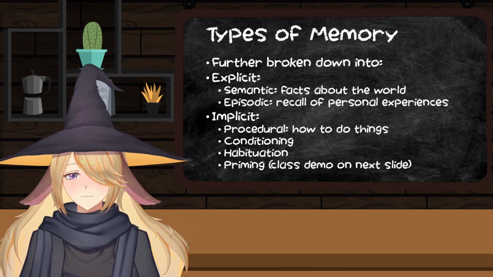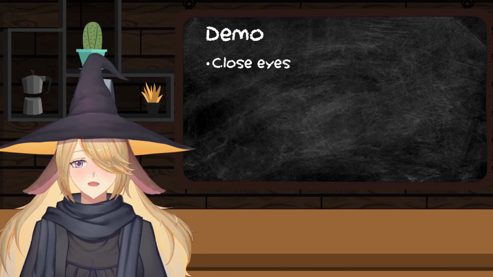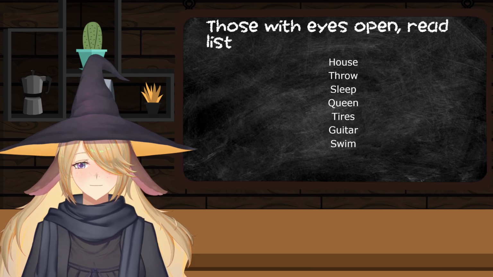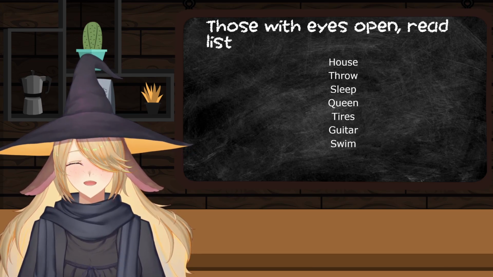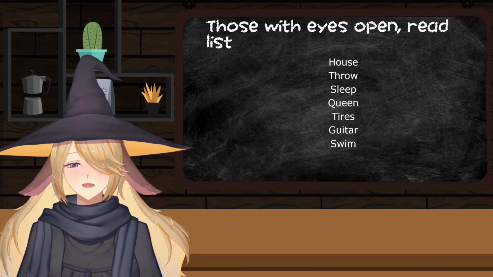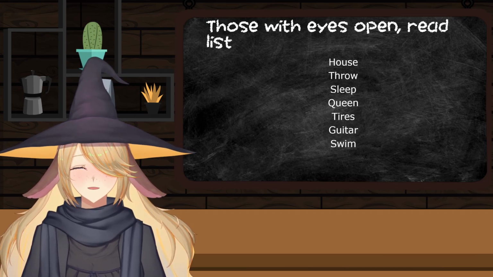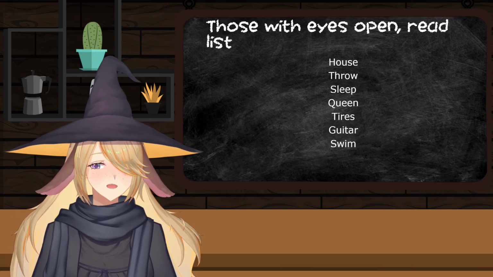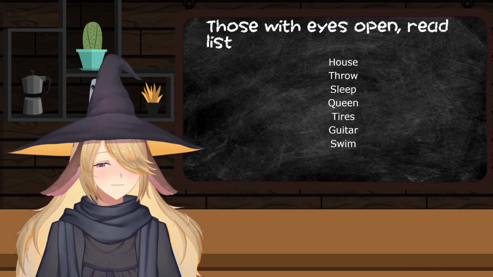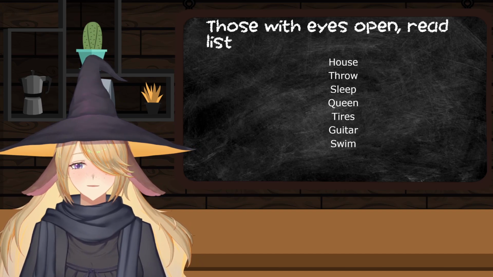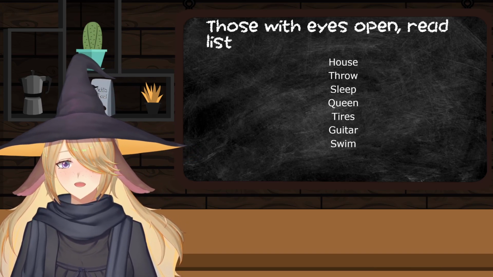All right, let's do a class demo again. I want you to close your eyes. Actually, you don't need to close your eyes. Sorry, I forgot to take the eye closing slide out of here. I want you to read this list of words, or I'm going to read it along to you. I'm going to say: house, throw, sleep, queen, tires, guitar, swim.